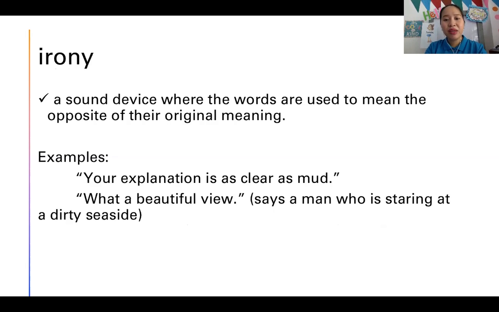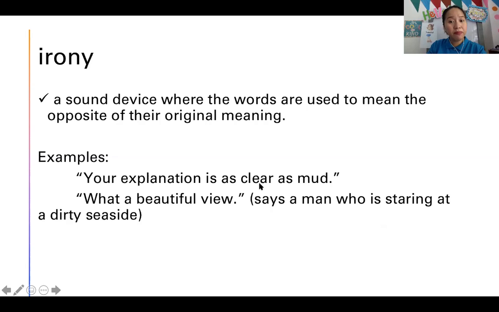We have here the first example. Your explanation is as clear as mud. Kita ba ninyo? Is mud clear? Dili, di ba? Mud is pita. So you see, your explanation is as clear as mud.